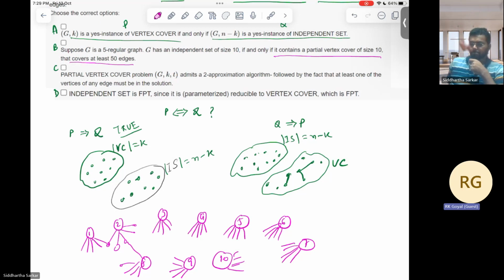So, because I'm unable to visualize that, how is that possible that G is a 5 regular graph wherein every vertex is having the degree 5, but simultaneously we have an independent set of the size of 10? Because the independent set would mean that these vertices won't be having any edge among them. Correct.